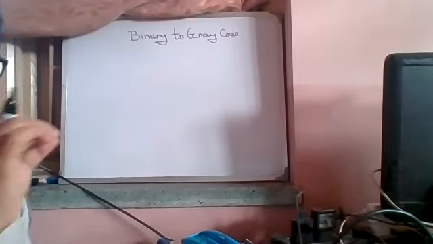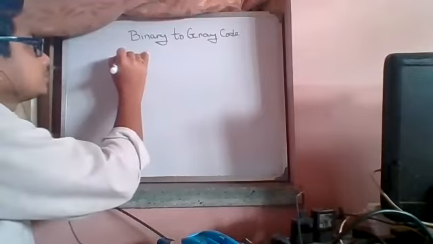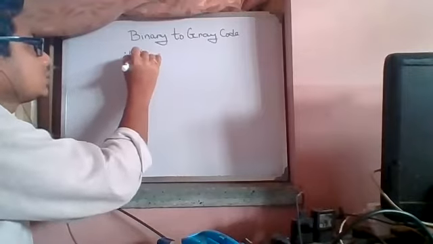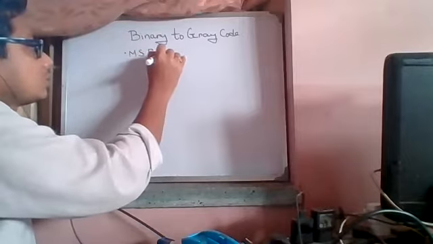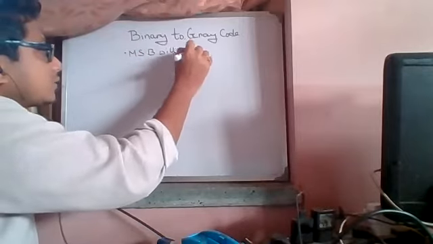MSB will be same. That is, most significant bit will be same. I'm writing the rule for you here. So there will be no change in the MSB of the given binary number.